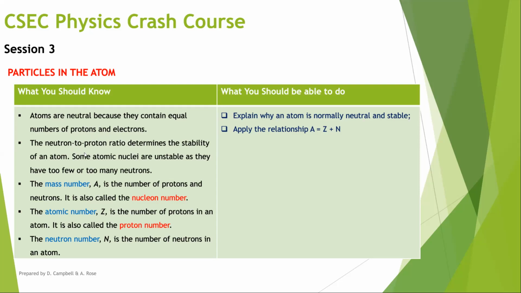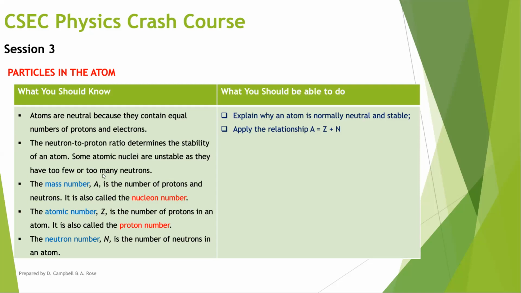In terms of nuclear stability, we can look at the neutron to proton ratio to tell if the nucleus of an atom is stable. Now, if the neutron to proton ratio is suggesting that you have too many neutrons or too few neutrons, then the atomic nucleus would be unstable.